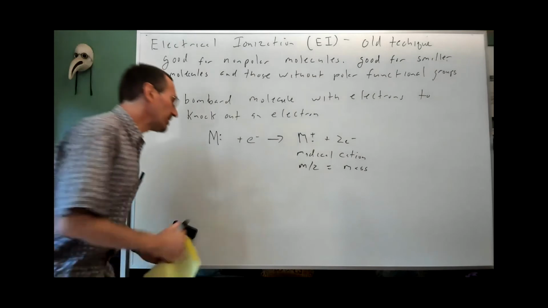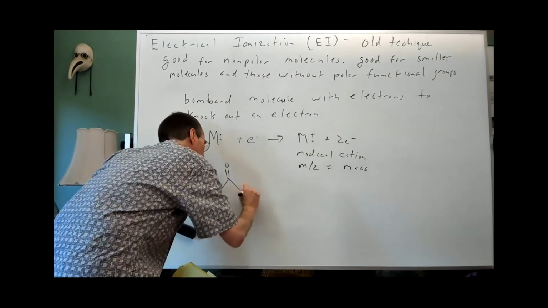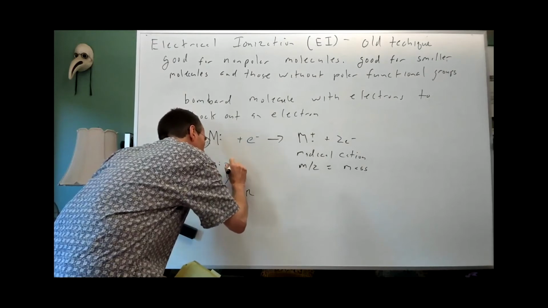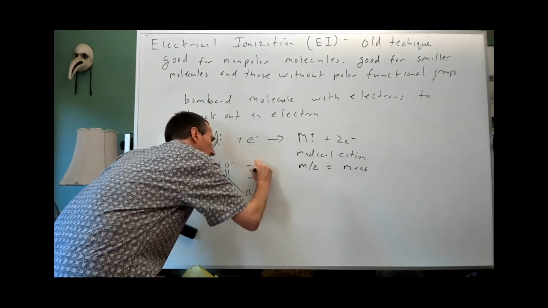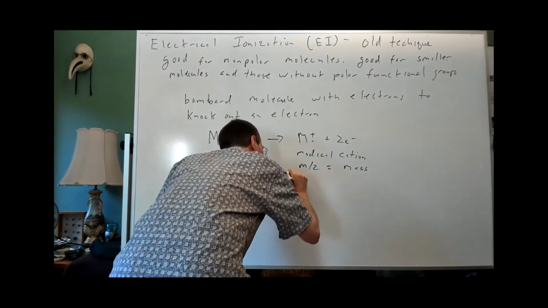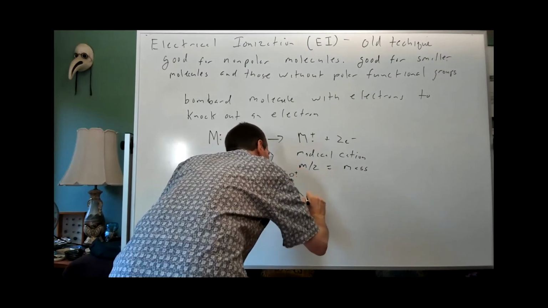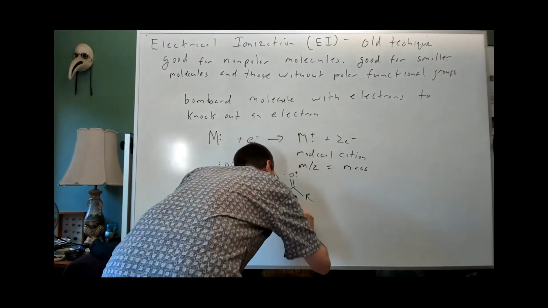So just to put this into concrete terms, I'll take our hypothetical ketone and I'll take away an electron. And here's our radical cation.